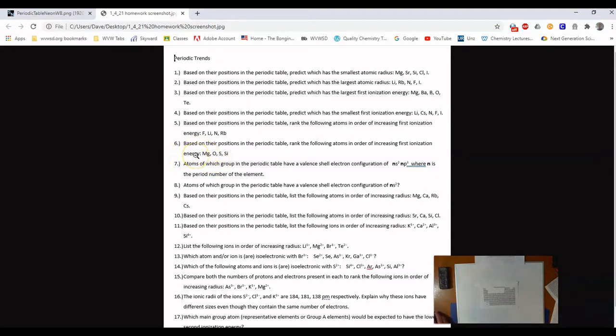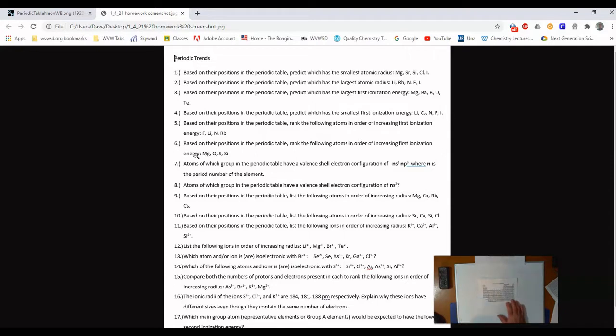Over here on my little webcam screen, I have a periodic table written out. What we're going to do is go through the basic trends in this periodic table as it relates to things like electronegativity, atomic size, ionic size, and things of that sort.